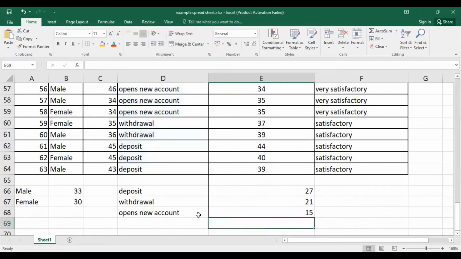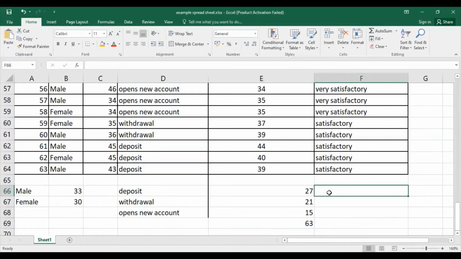Okay, so if you're going to add this one, then we must expect 63. So there are 27 clients who made deposit transaction, 21 withdrawal transaction, and 15 of them made a transaction on opens new account, to make it 63.